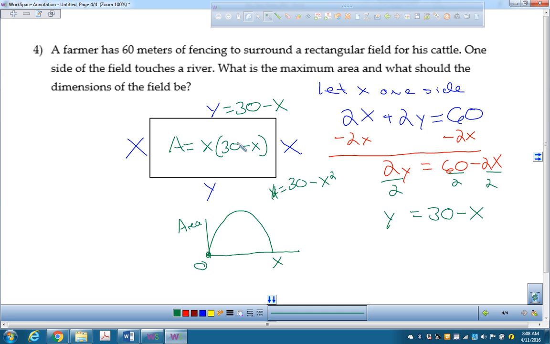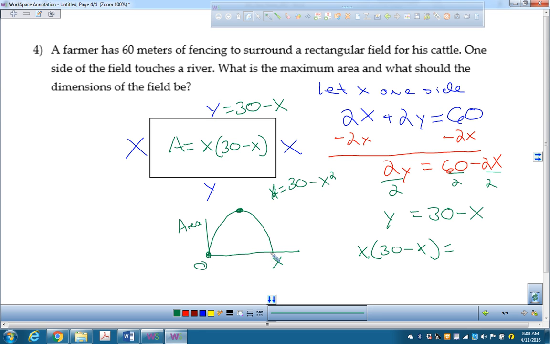So if I have an equation where I'm trying to find out where x times 30 minus x is equal to, I really want to find this high point up here. But kind of what Jessica was getting at in the last problem, where's the high point going to occur? In the middle of these two things, right?